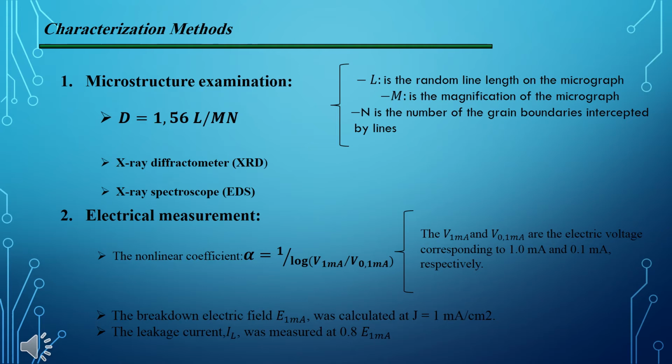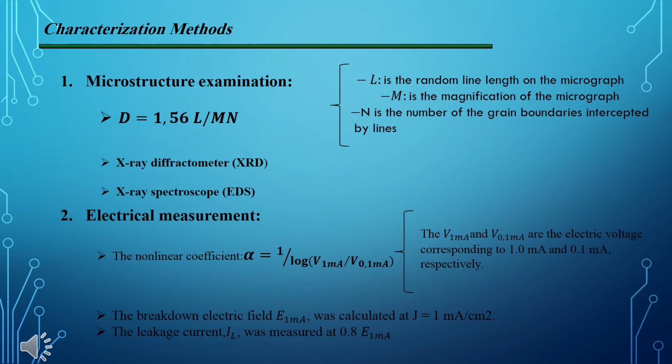Characterization method. The surface of the sintered sample was observed by a scanning electron microscope equipped with energy dispersive X-ray spectroscopy. The average grain size of the nanograins, D, was determined by the linear intercept method given by this equation: D = 1.56 L per MN.